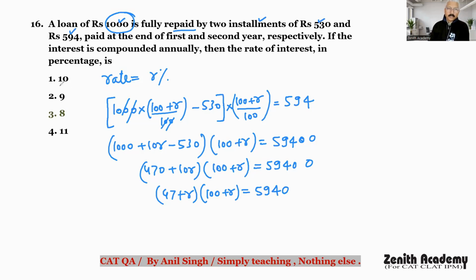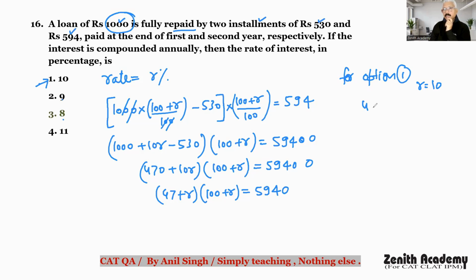Now here the choices are 10, 9, 8, 11. So here do one thing: simply use the options. Which option should I take first? Like, first take option 1, R is 10.